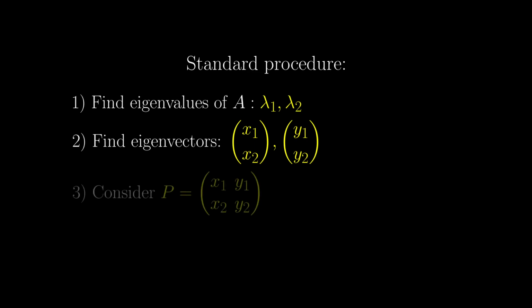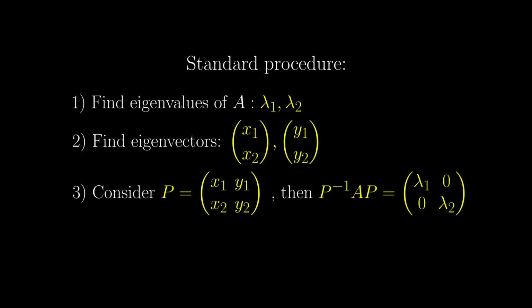Next, we consider a matrix P that consists of the two different eigenvectors, and then the product of P inverse, A and P would yield a diagonal matrix. The powers of diagonal matrices are much more manageable. Finally, A to the power n can be obtained by multiplying the nth power of the diagonal matrix by P to the left and P inverse to the right.